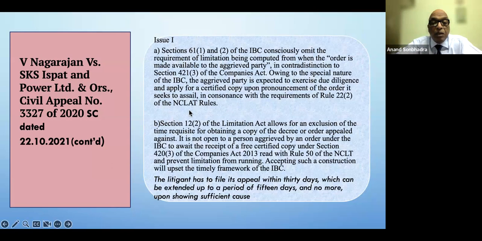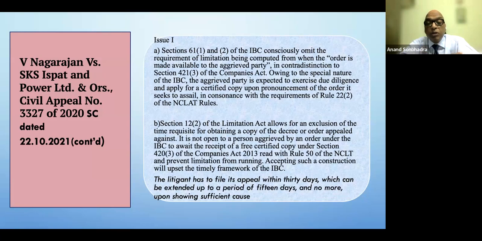If you look at B, what it observes: Section 12(2) of the Limitation Act allows for an exclusion of time requisite for obtaining a copy of the decree or order appealed against. It is not open to a person aggrieved by an order under IBC to await the receipt of a free certified copy under Section 420(3) of the Companies Act, read with Rule 50 of the NCLT Rules, and prevent limitation from running.